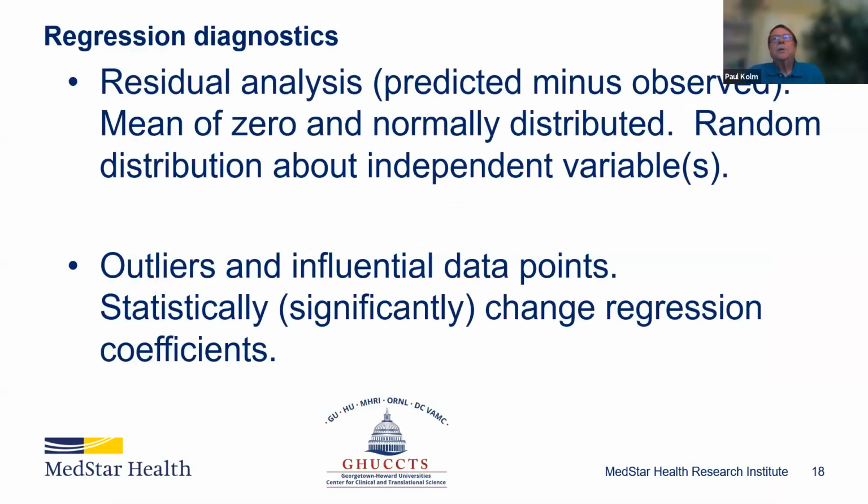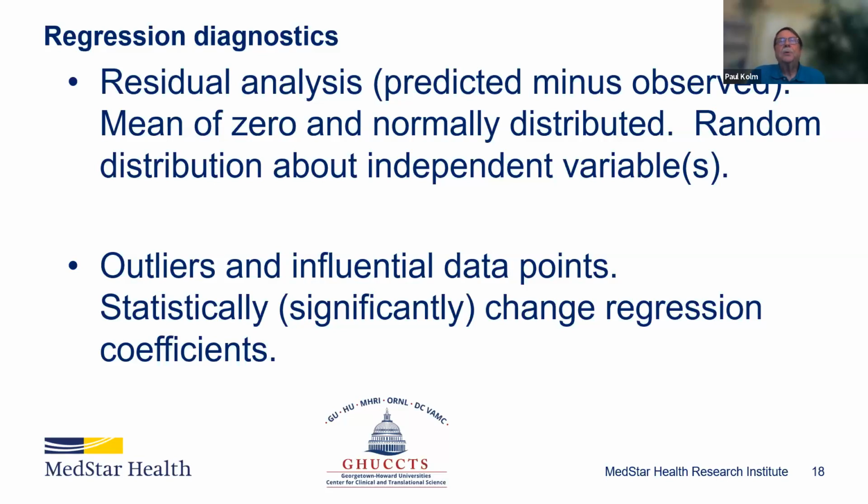So what we want to do is make sure that our regression model is valid. And so we're going to do some regression diagnostics. Sometimes you'll see this presented in papers, but most often you don't. But probably the main one that we want to do is what's called a residual analysis.